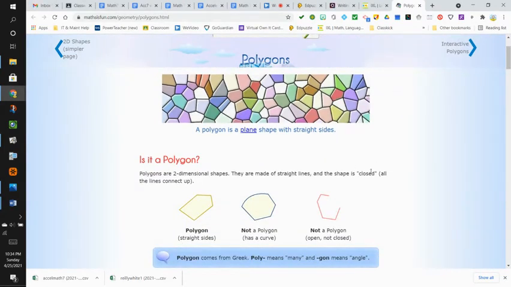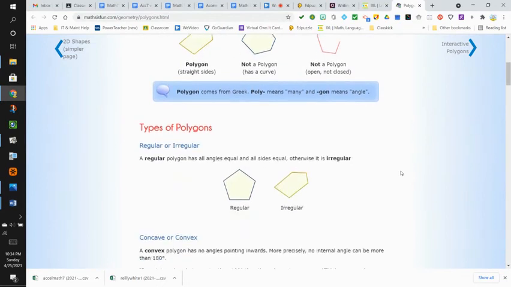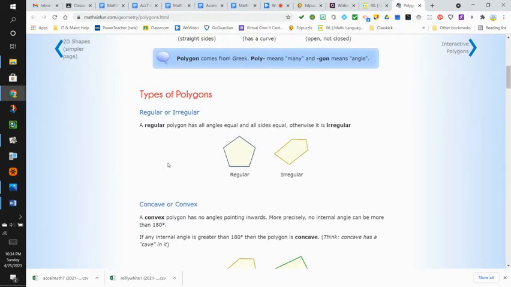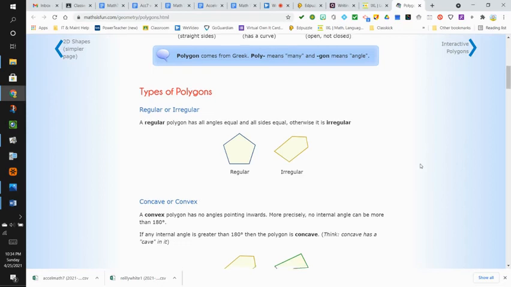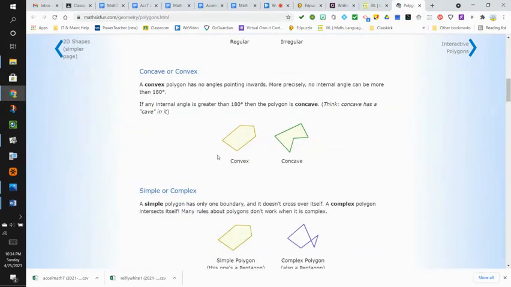Now, they do talk about complex polygons. So they'll talk about simple polygons, which is really the ones that we're talking about. They have, of course, the discussion of regular polygons, all sides and angles equal. Otherwise, it's an irregular polygon. Kind of makes sense. Polygons can be concave or convex.